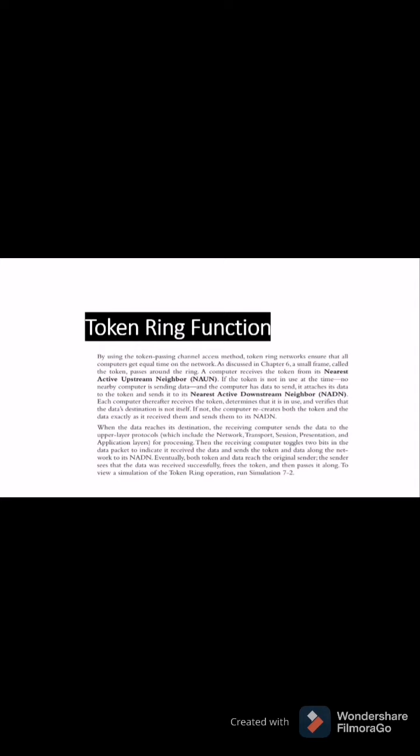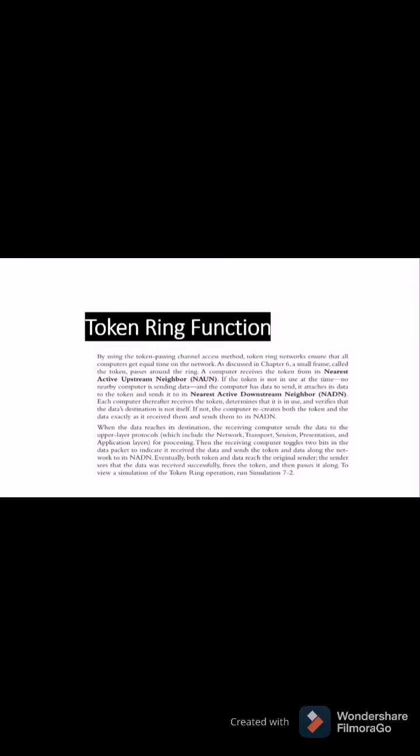If the token is not in use at the time, no neighbor computer is sending data, and the computer has data to send, it attaches its data to the token and sends it to the nearest active downstream neighbor, or NADN. Each computer thereafter receives the token, determines that it is in use, and verifies that the data destination is not itself. It's not.